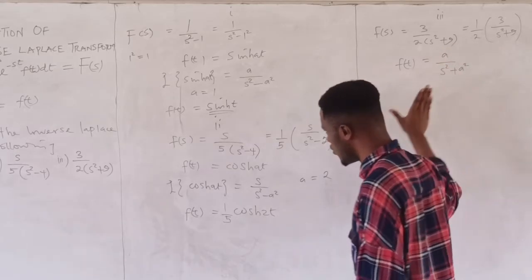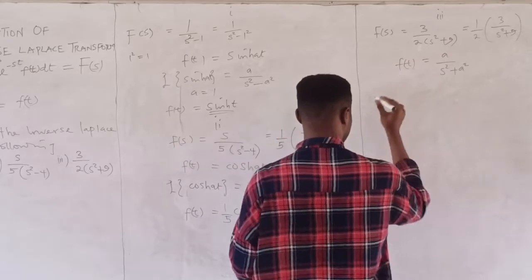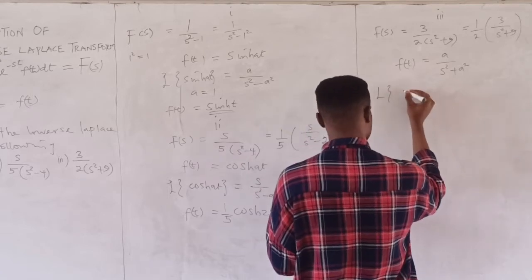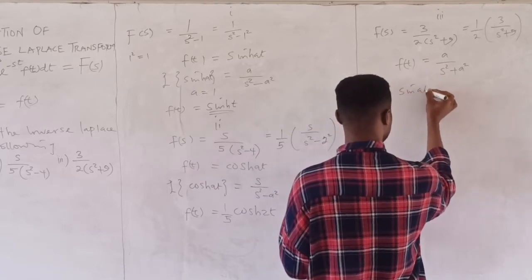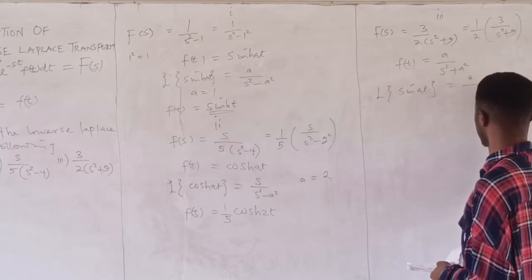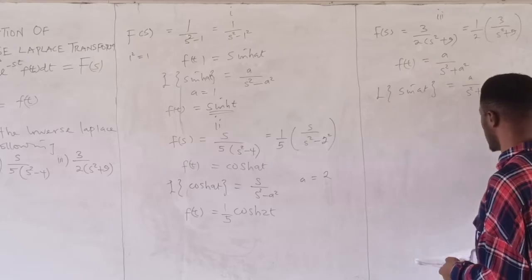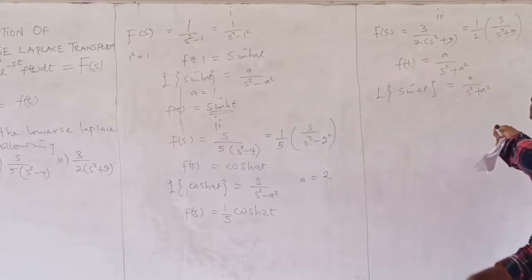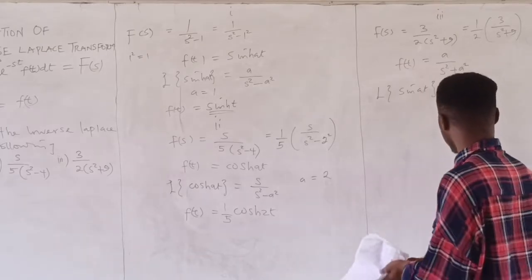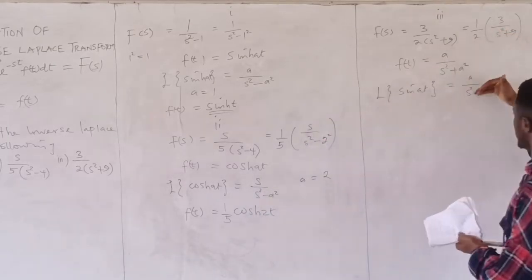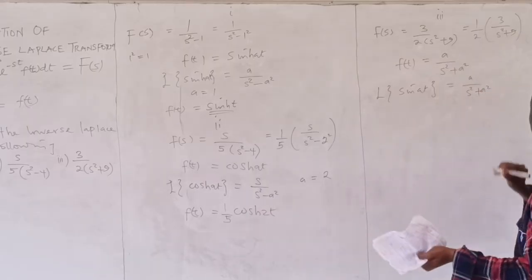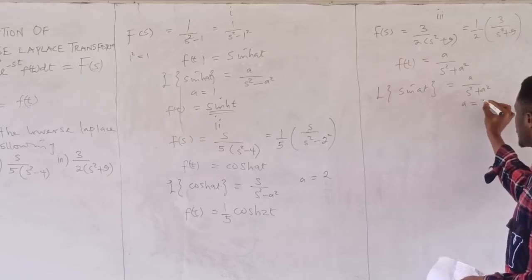From what we know, the Laplace of sine at is equal to a divided by s squared plus a squared, right? When we found the Laplace of sine at, this was what we had as the answer. So when we compare these two, how can we decipher the answer? From what we can see here, it clearly means that a is equal to 3.